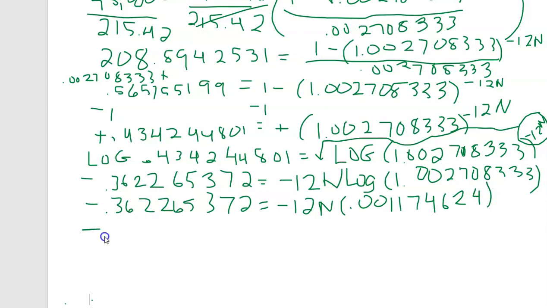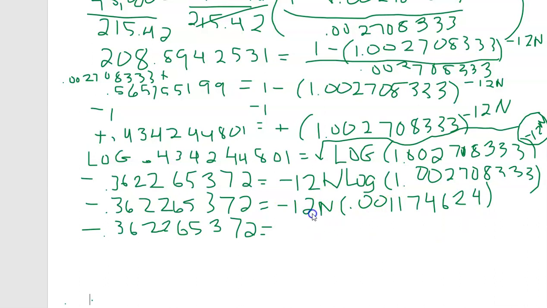All right, now we are almost ready to solve this thing and finish it. But first, I've got a number times the variable, and then I've got this number times that variable. I'm going to multiply the negative 12 and the 0.001174624 together.